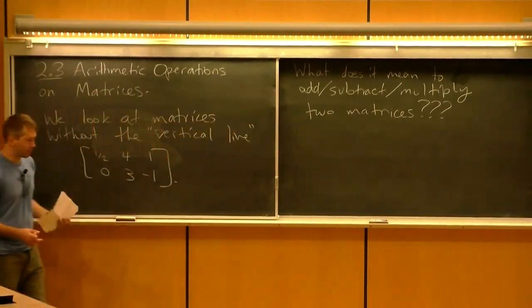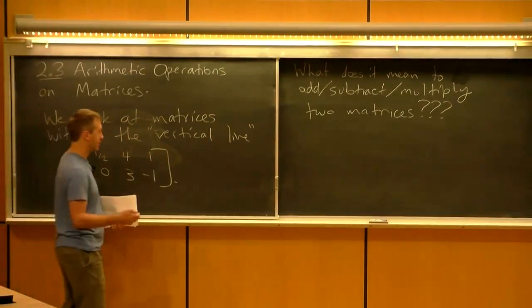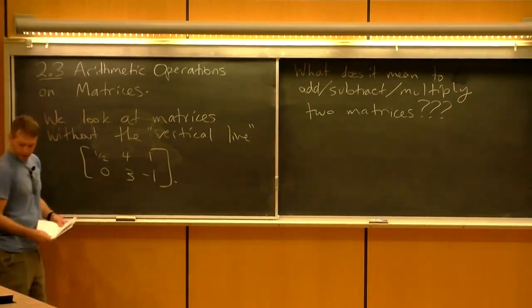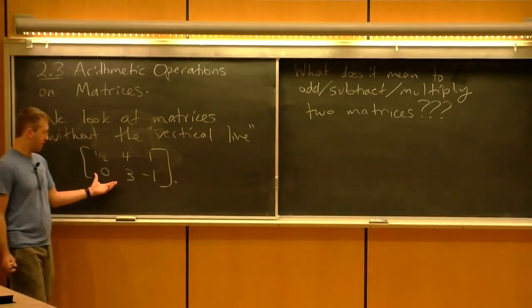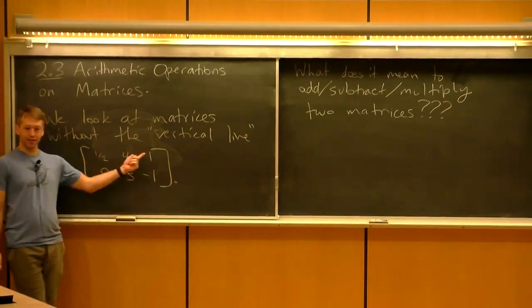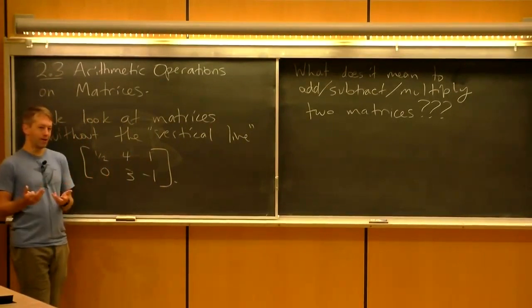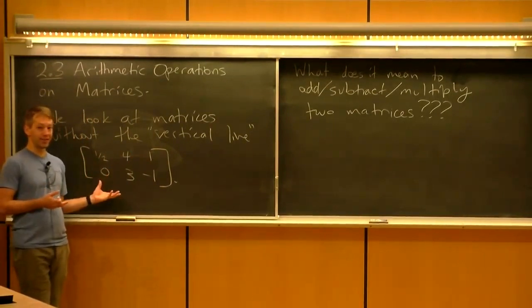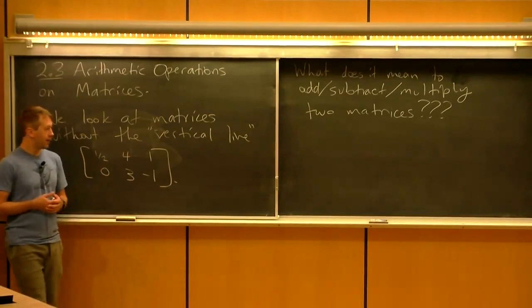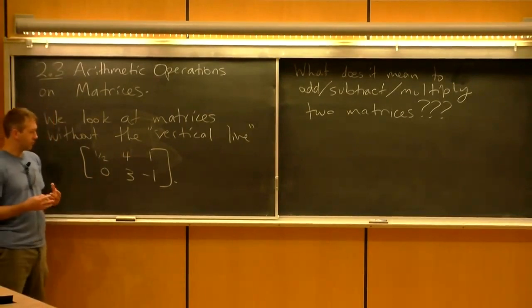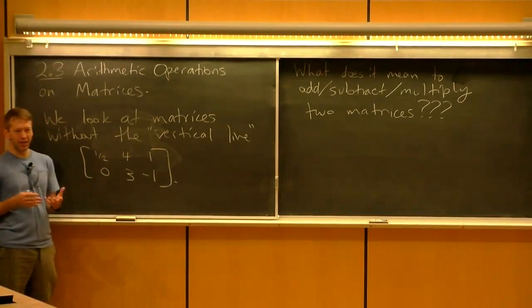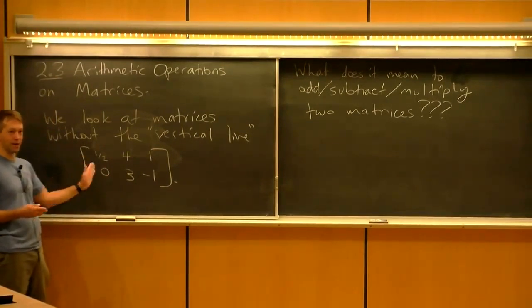First I need to talk about the size of a matrix. This matrix, for example, I can see that there are 6 entries in it. You might think maybe the size of this matrix is 6. But actually, when we talk about the size of a matrix, we need to know more information: how many rows and how many columns.